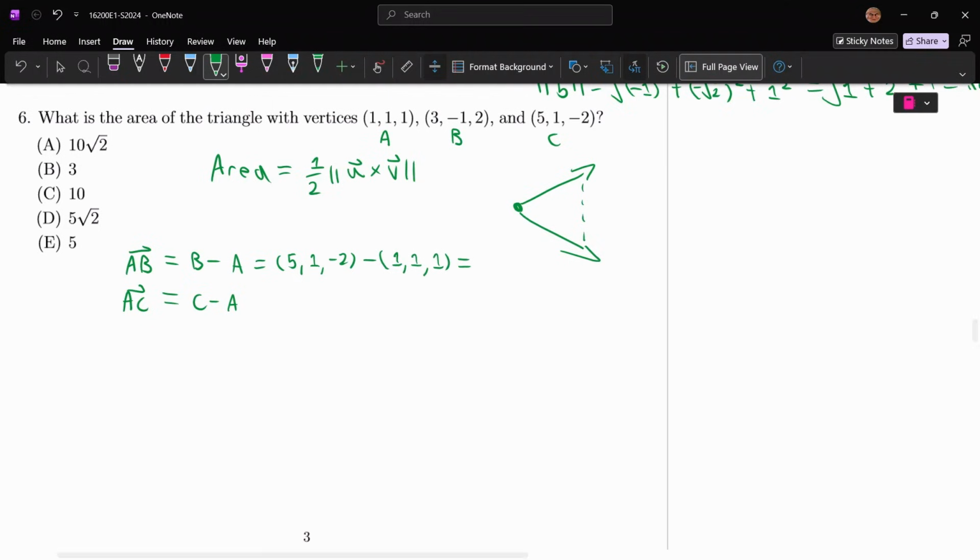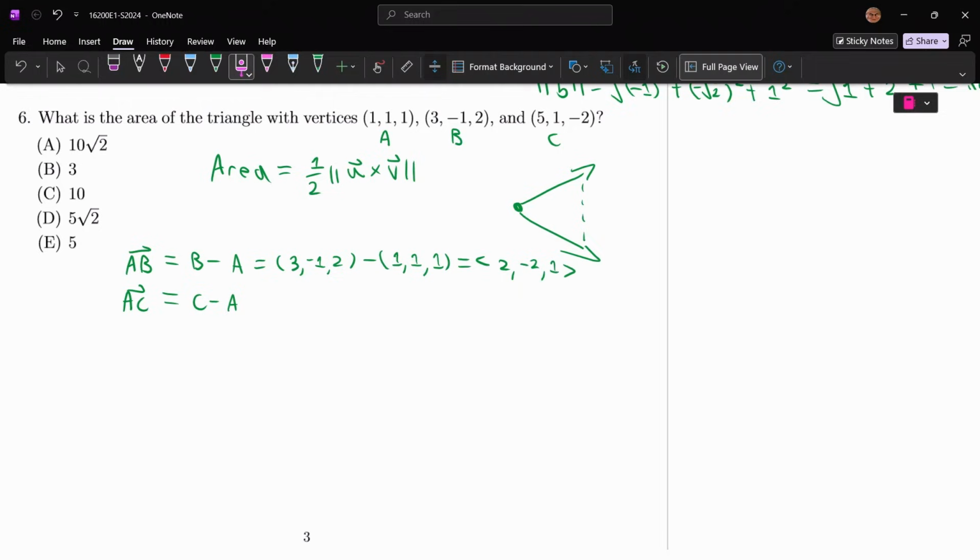That gives a vector of 4, 0, and negative 3, if I didn't make any mistakes. Oh, I did make a mistake. This is the wrong point. This is supposed to be 3, -1, 2. So now our new vector is going to look like 2, -2, and 1.